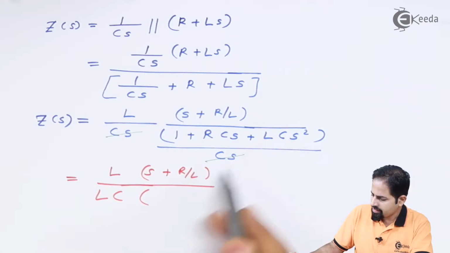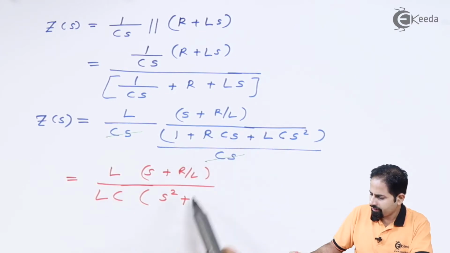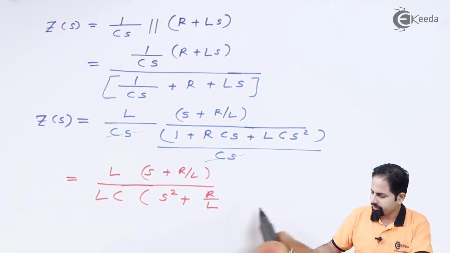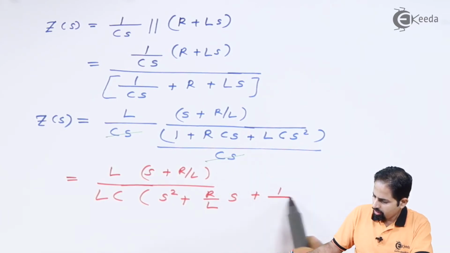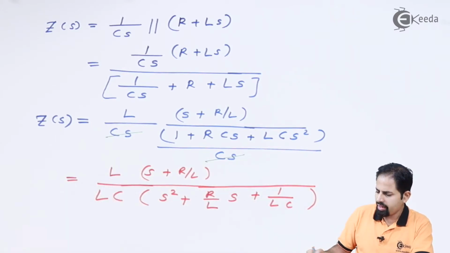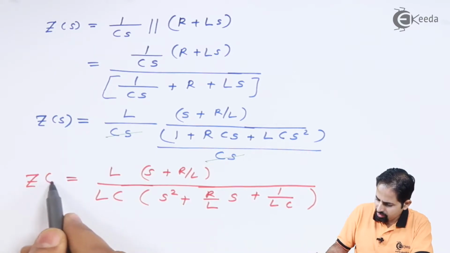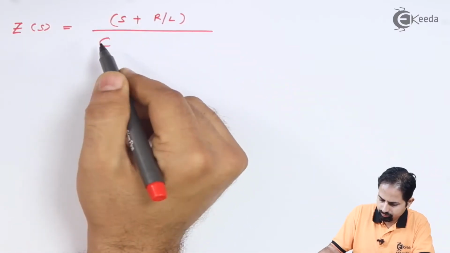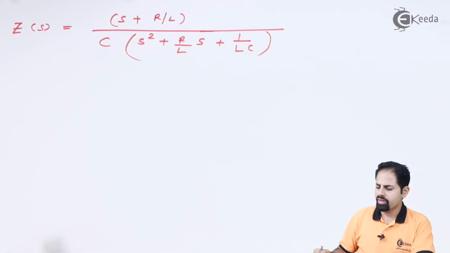So write s square first, then RC divided by LC, that will become R by L, and then 1 by LC. This L and L also will get cancelled and we will get a simplified Z of s. So we have got Z of s.